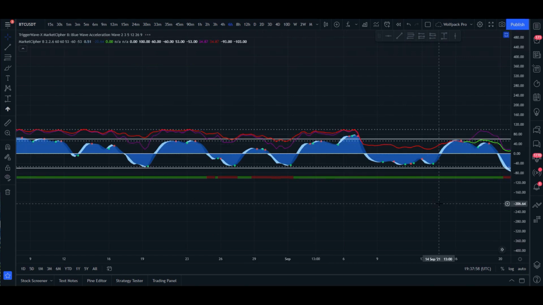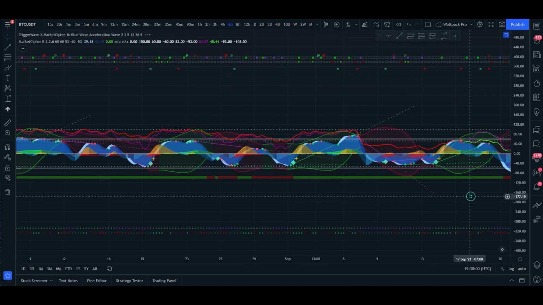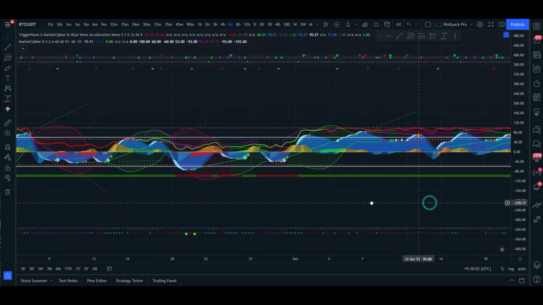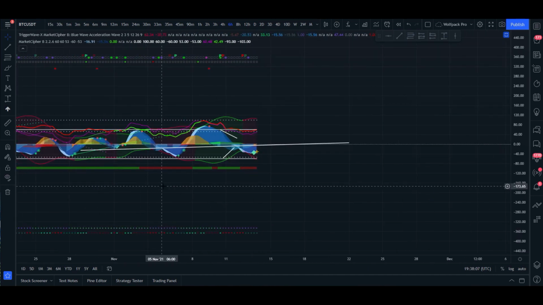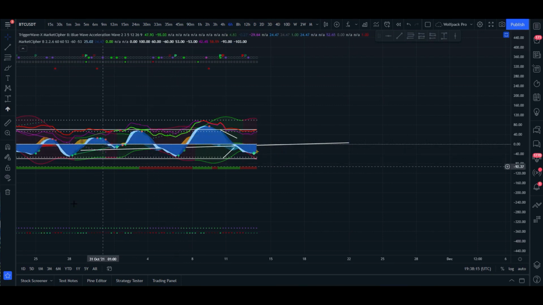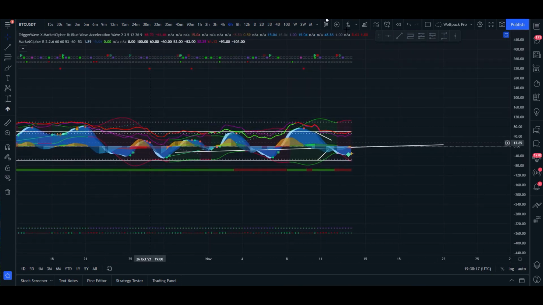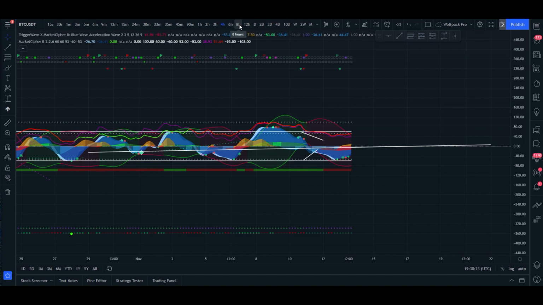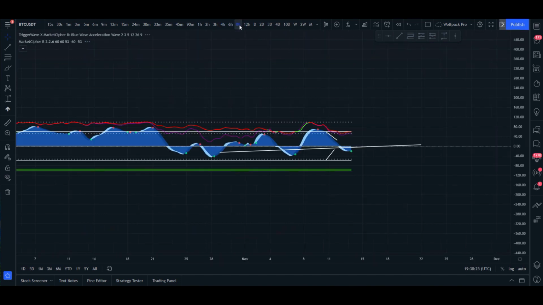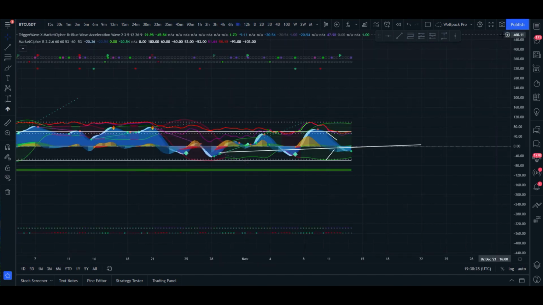And I think if I go to the 6 hour, I want to say there was a big, trying to think if this was right. There was a big pump leading up in the last few days. Maybe it's on the main Wolfpack Pro, but I'm trying to remember which time frame it was, where there was a big move.